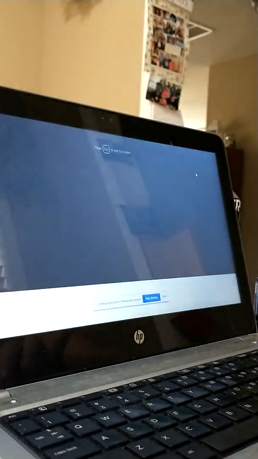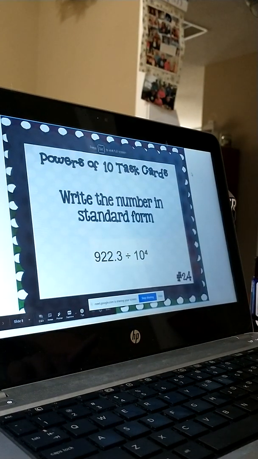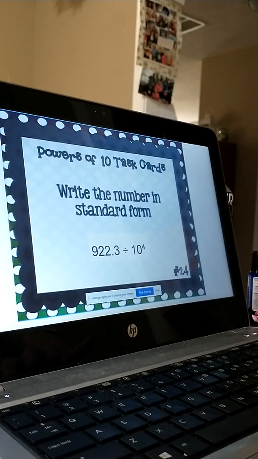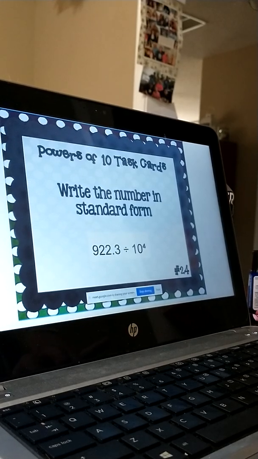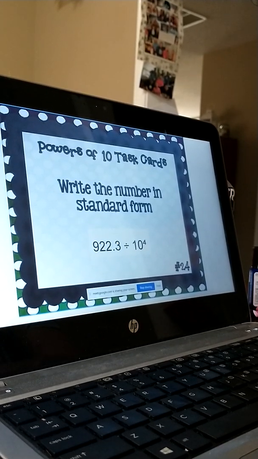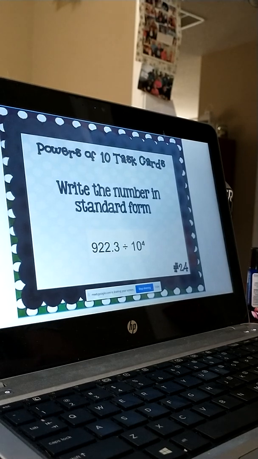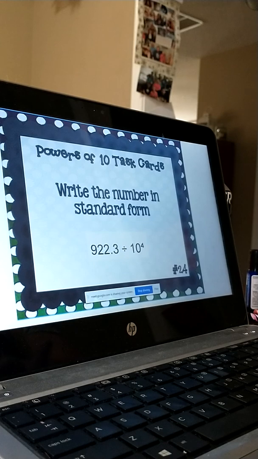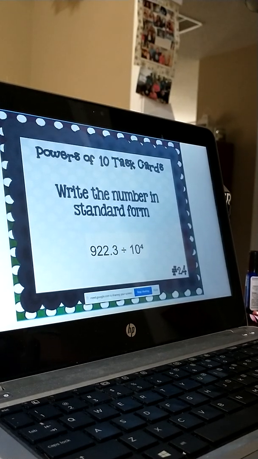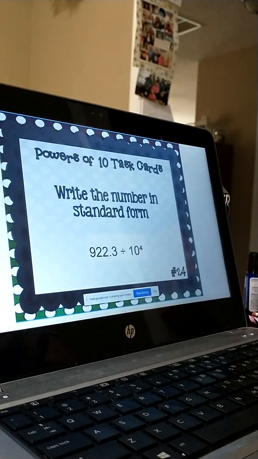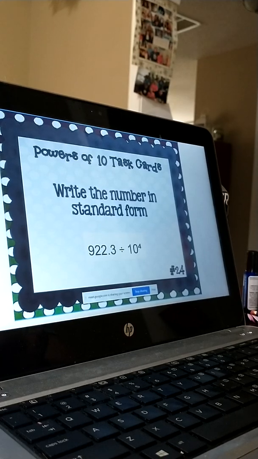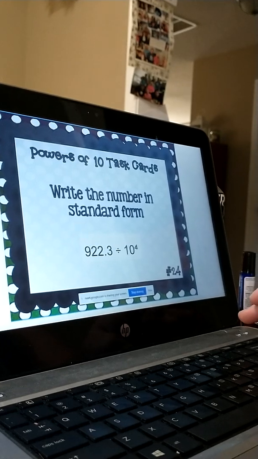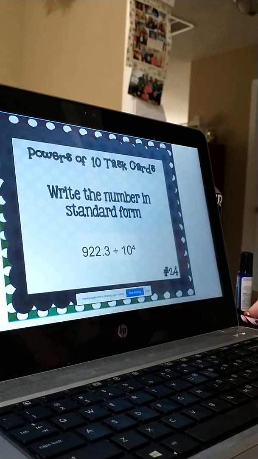Okay, look at this one. This is division. And so I'm going to have to move that decimal to the left. I'm going to be moving my decimal to the left, so opposite direction, 4 spaces. All right, we got a couple different ideas.